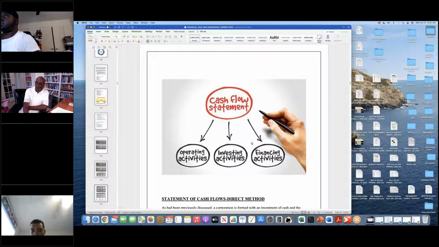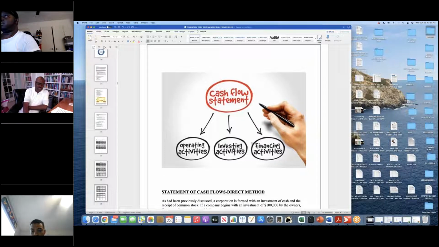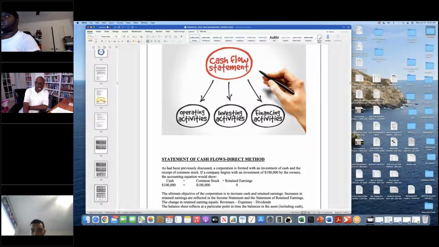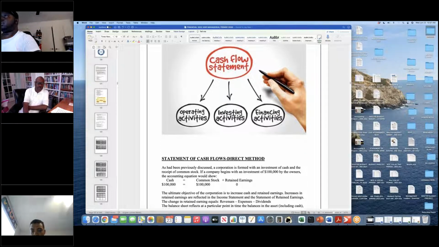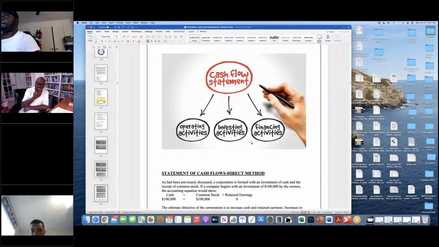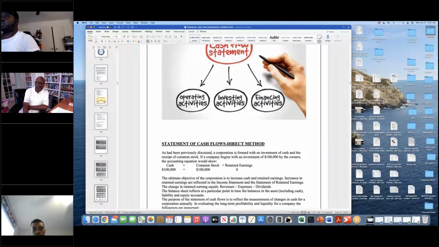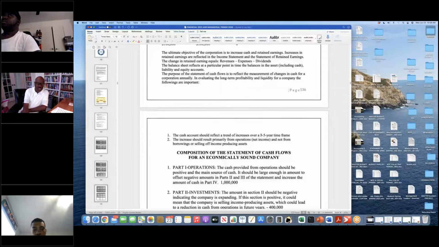It has us look at what our cash prospects are, where the cash came from, and were we able to expand, and were we able to pay off debts. So that's where we're going.